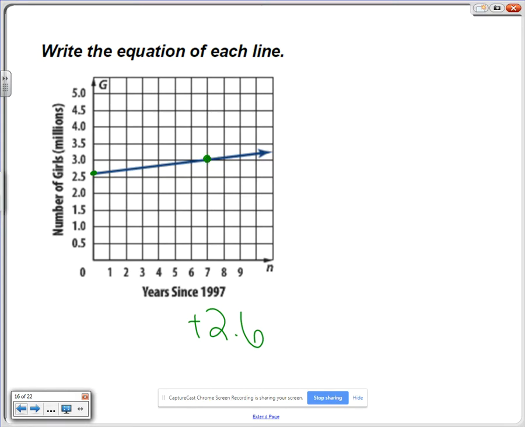Everybody okay there? Now be careful because I need to count my rise. How much do we rise from here to here? Not 0.5. Didn't we say that was 0.6? Up to 3, isn't that 0.4, folks? How many do I need to run? 7.